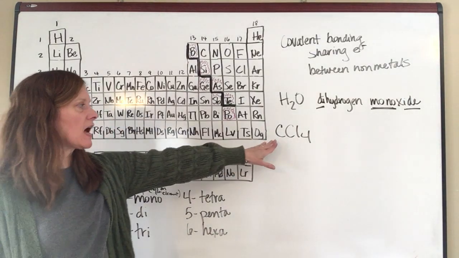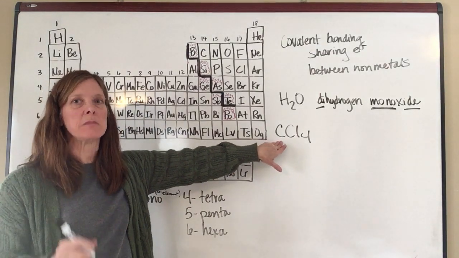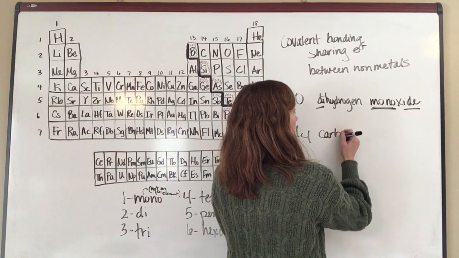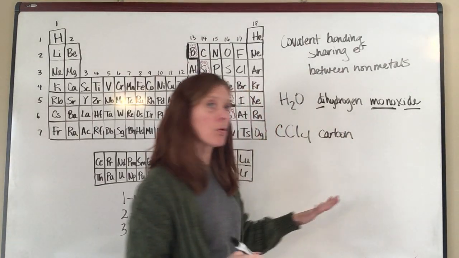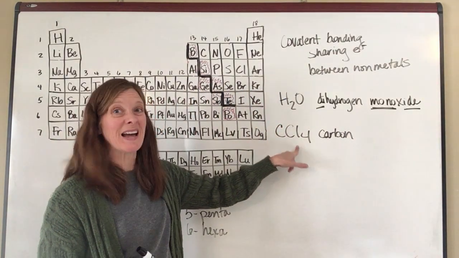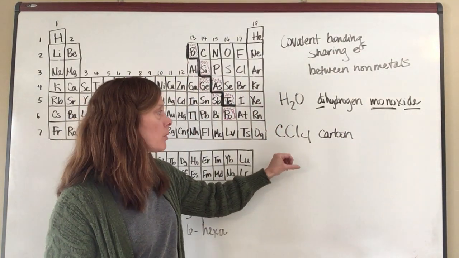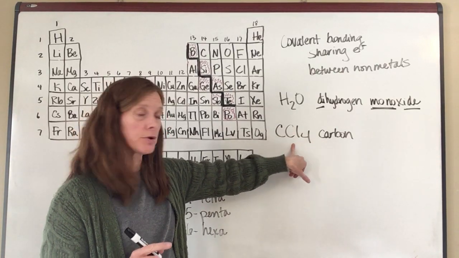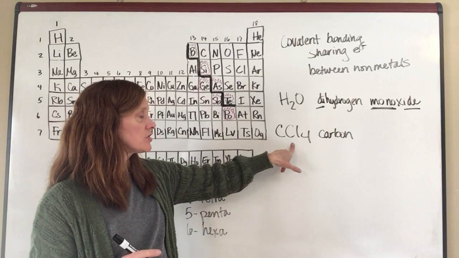Okay, so I just have 1 carbon, but I don't have to say monocarbon, because if I just say carbon, I'm going to know that there's only 1. You always have to put a prefix on the second one, though. You don't have to put one on the first element if there's just 1, but you always put a prefix on the second one. So this is chlorine.